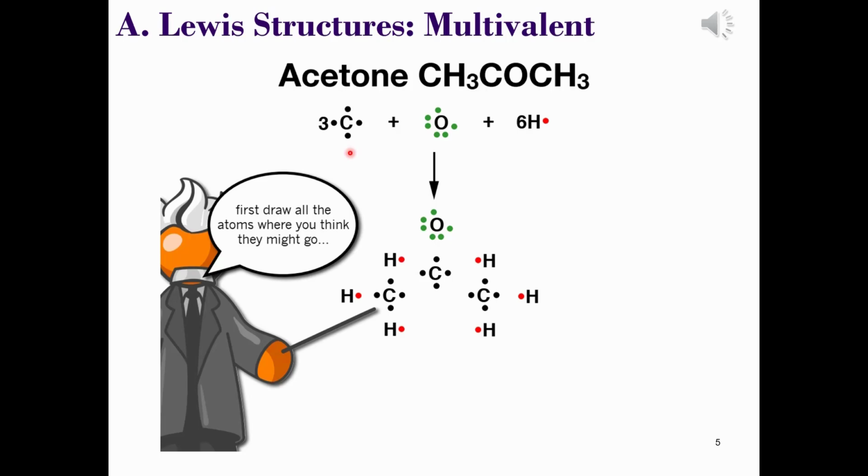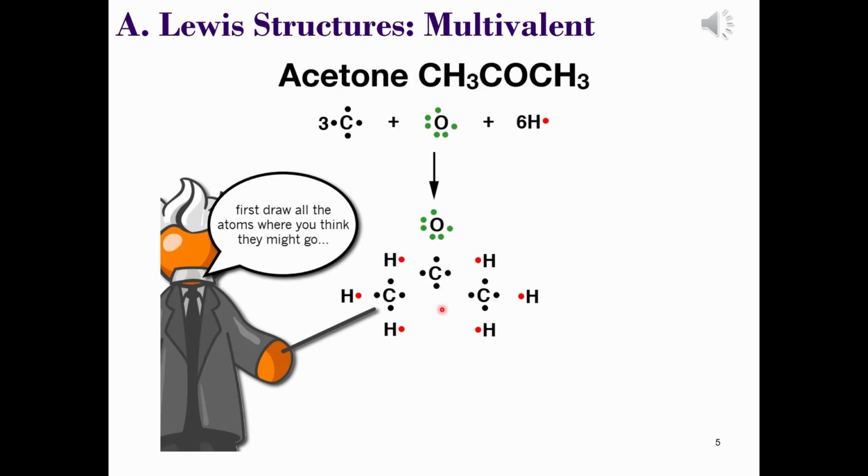Total number of valence electrons. In this case each atom's valence electrons are provided. We have 3 carbons, that's 12. 12 plus 6 for oxygen is 18, and 18 plus 6 is 24 valence electrons.